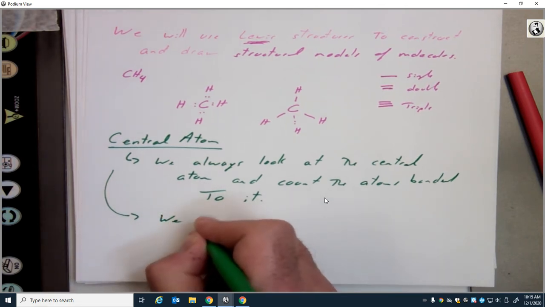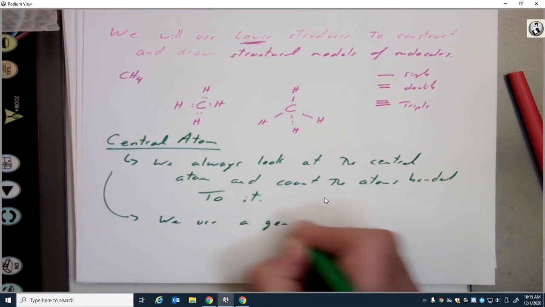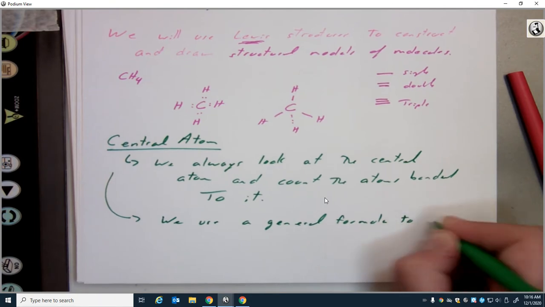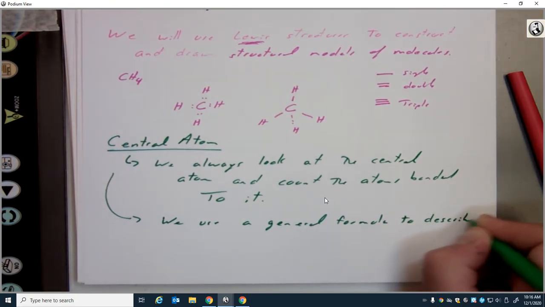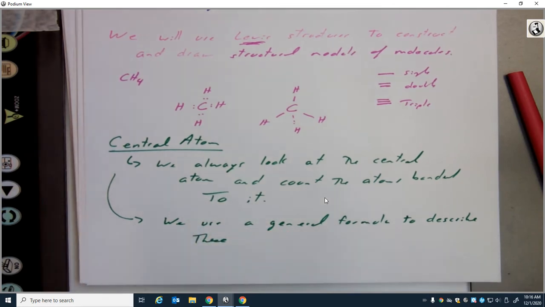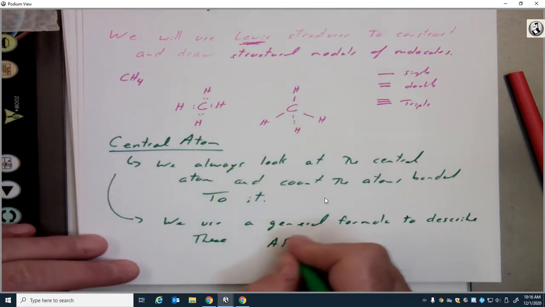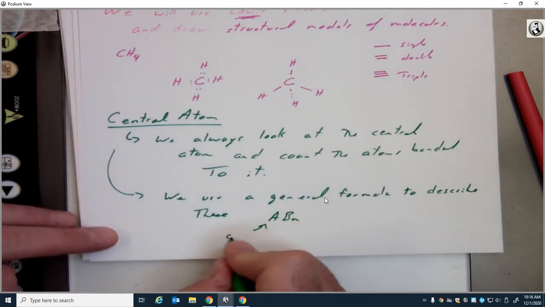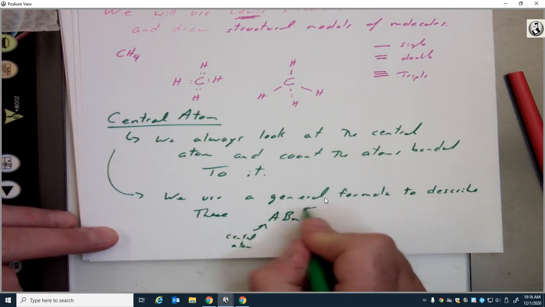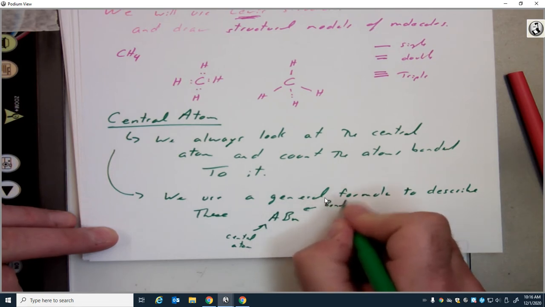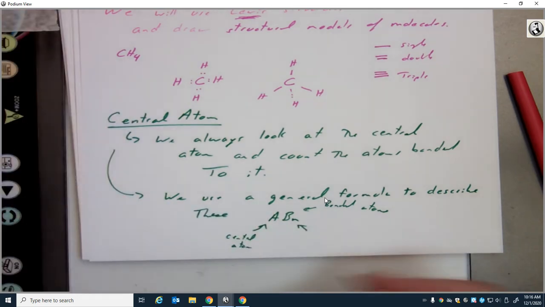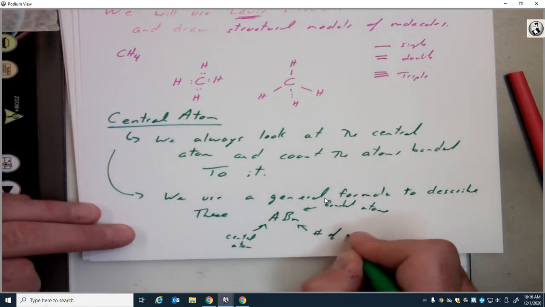We use a general formula to describe these. And that general formula is capital A, capital B, small n. A represents our central atom. B represents the bonded atoms, and the n represents the number of those bonded atoms.